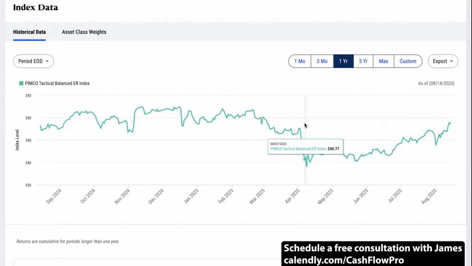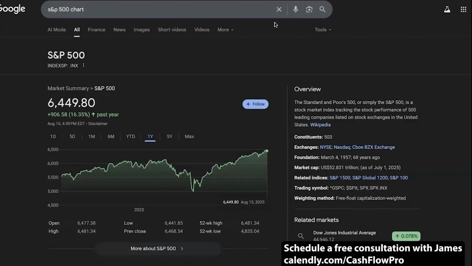Why is that? This is the downside of a volatility index in this particular market. Even your best volatility indexes are not going to be able to keep up with the type of rebound that happened in the S&P 500 or in equities in general. Remember, they shifted to bonds and cash here because volatility spiked up.